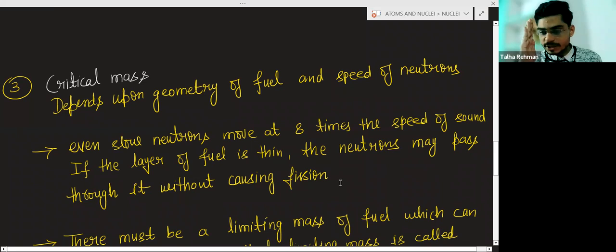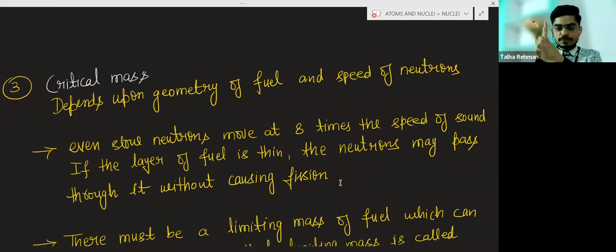Suppose this is the uranium. If the layer of the uranium is thin, and suppose the neutron has high energy or high speed, high kinetic energy, then due to the high kinetic energy, the neutron will pass through this uranium. If the neutron passes through this nucleus, no fission will take place.